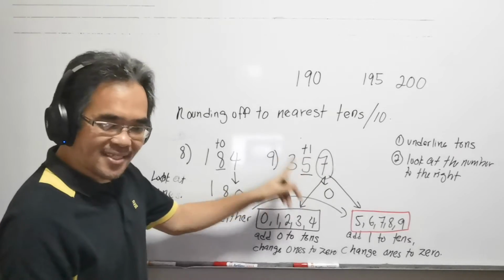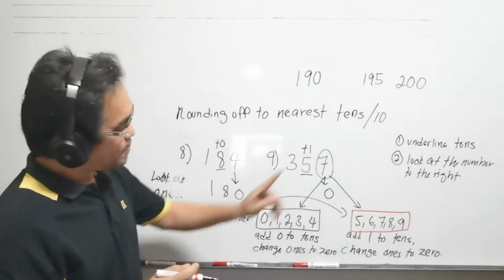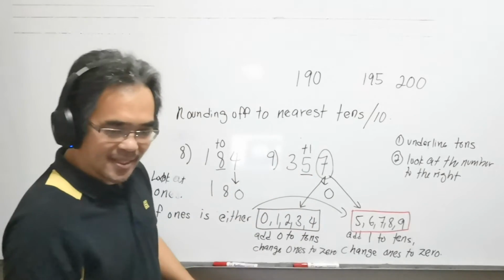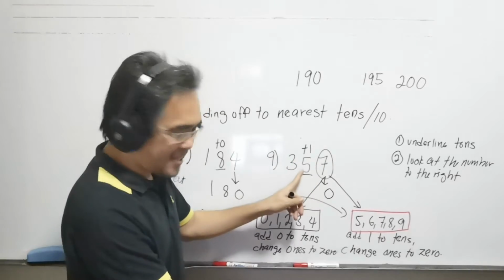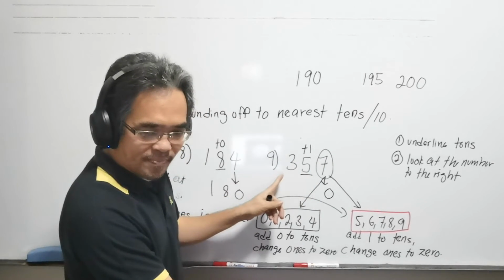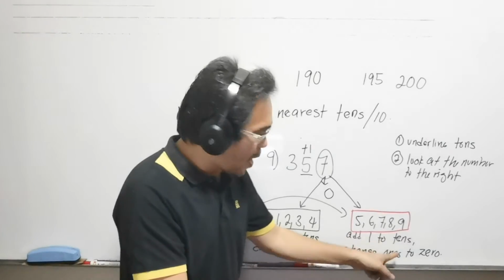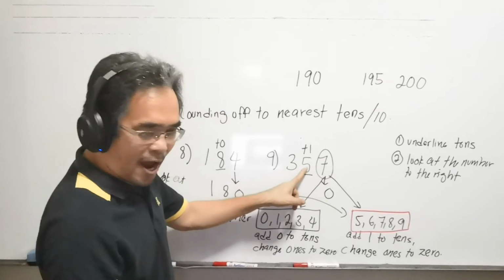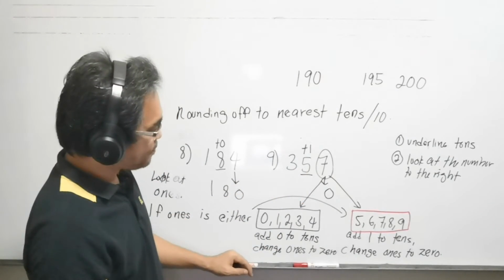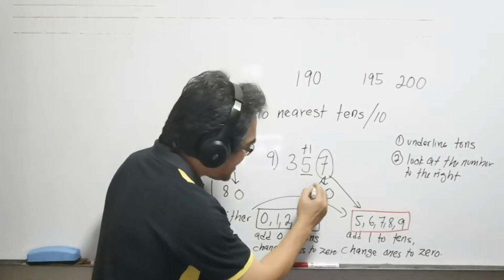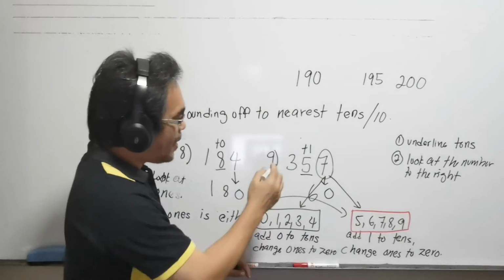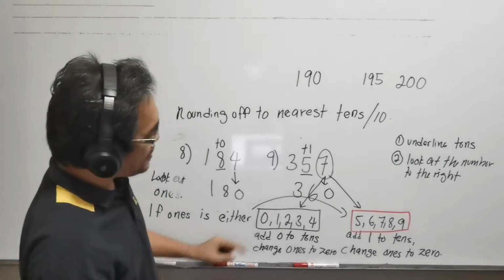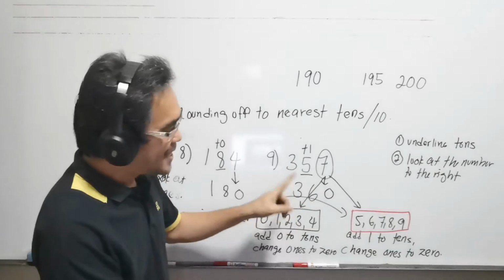Ones, tens, hundreds. So we have to change ones to 0. Alright, so then we add 1 and 5. What is 1 and 5? It becomes 6. And what will happen to this number? It is the same. So it becomes 360.